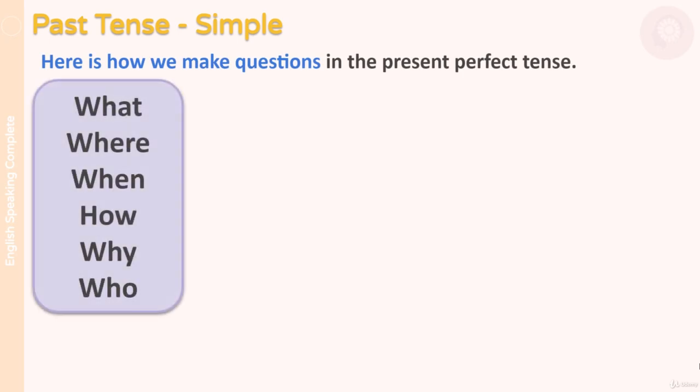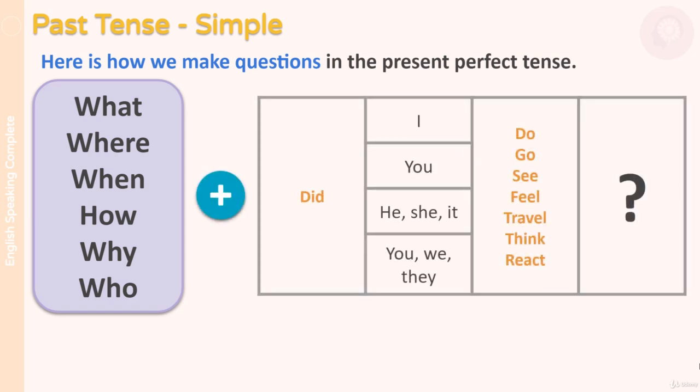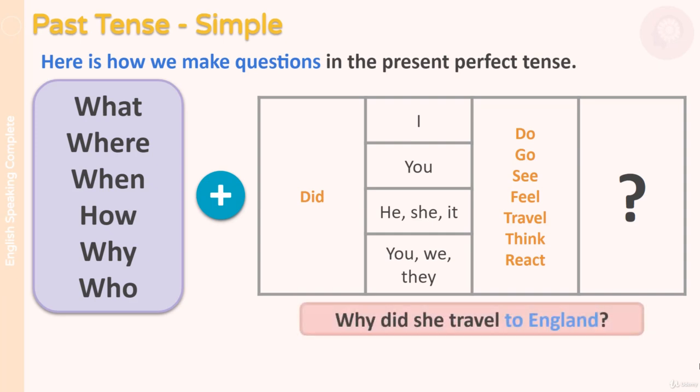Okay, and how about in question form? So we can use these 6 W's. We don't always have to, but they are good for starting questions. And then plus did, plus our subject pronouns, and then simple verb forms. Why did she travel to England?